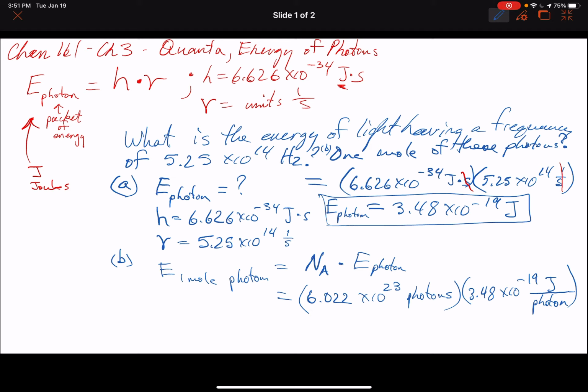If we multiply by the mole, this is joules for that many photons instead. Okay, so in this case, this number is now going to be much larger than this tiny little number that is 10 to the minus 19. And instead we'll have the product here.